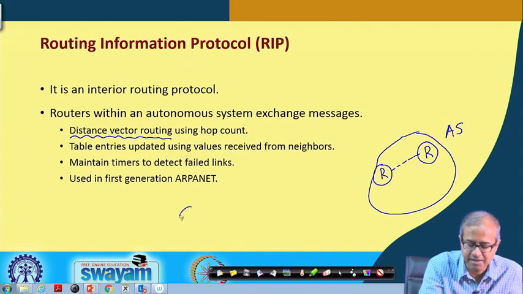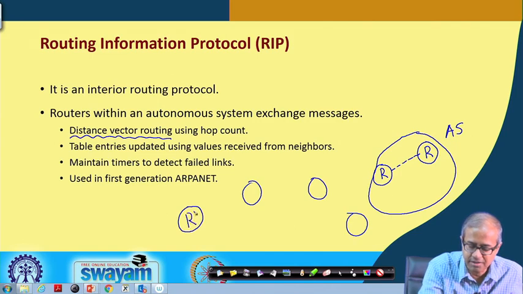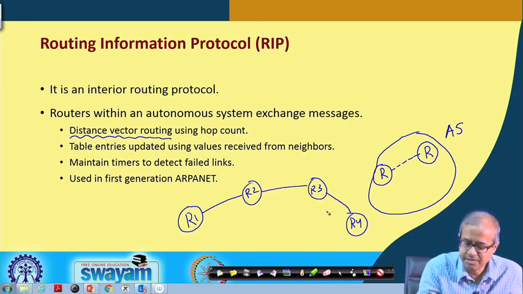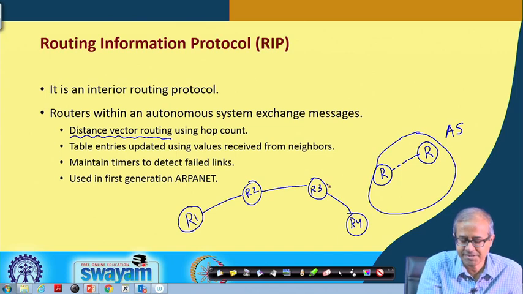Like for example, I have a router here, there can be other routers like this. Let us say this is router 1, router 2, router 3 and router 4. Let us suppose the connections are like this. Router 1 will have the information that router 4 is 3 hops away from me. But suppose a new link gets established between R1 and R4.